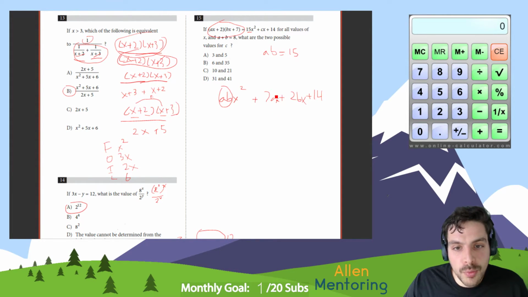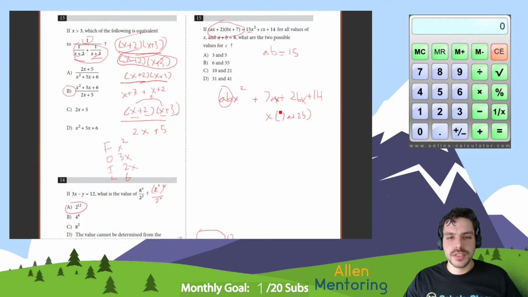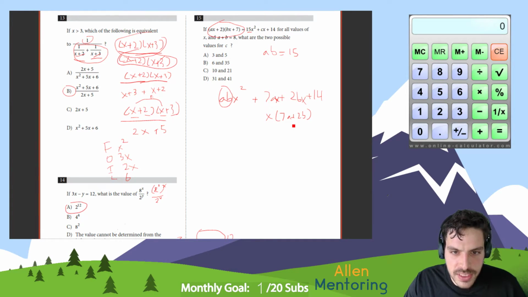So what we can do is factor out x from these two. So we have x times 7a plus 2b. Do you see that? I factored out x from each of these, and what's left over is 7a plus 2b.